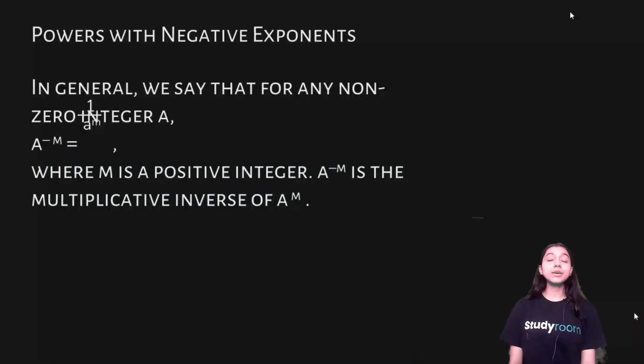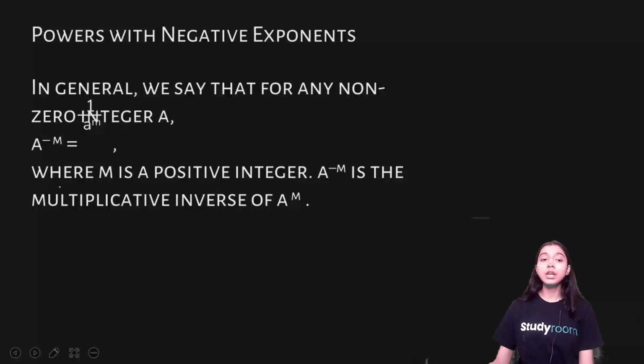Now I'll be discussing powers with negative exponents. What happens if we take a non-zero integer, let's say a, and a is raised to the power of minus m, a negative integer? So a to the power minus m is equal to 1 by a to the power of m. This is the general way of representing a number with a negative exponent.